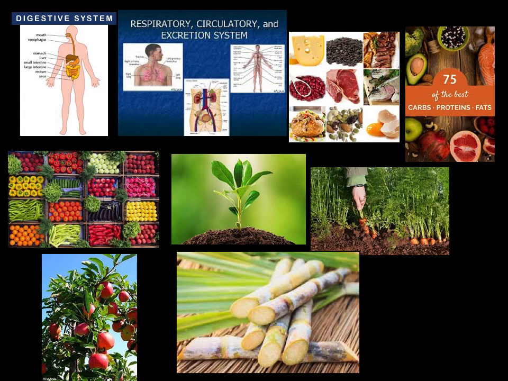Carbohydrate, as we have seen, the sources of carbohydrates are maize, fruits, jaggery, cane sugar, cereals, vegetables, potatoes, sweetmeats. From carbohydrates, we get 4 kilocalorie energy per gram.